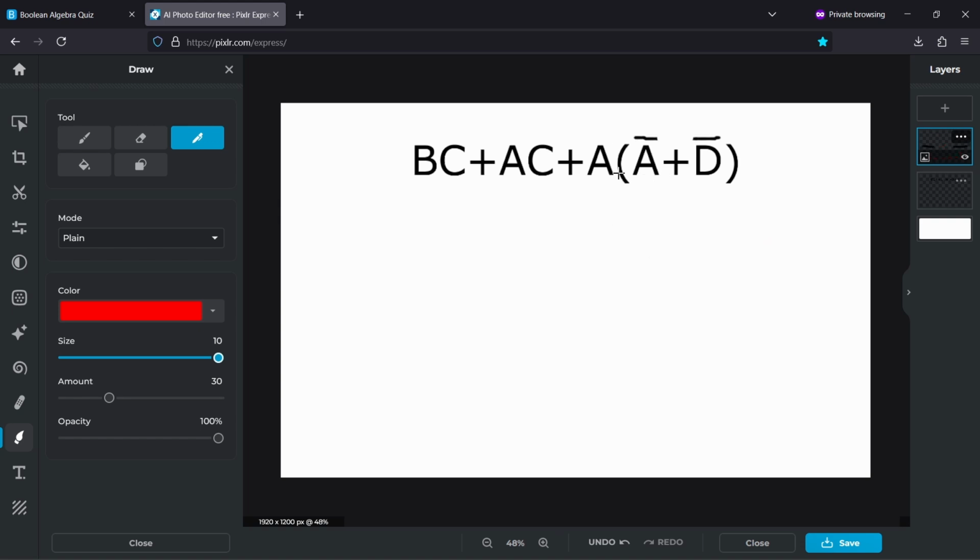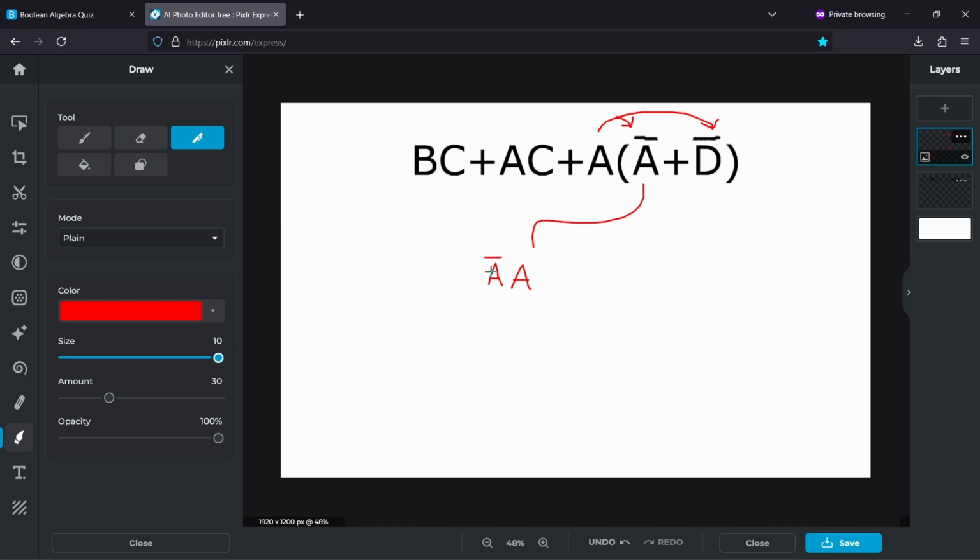So the next thing we're going to do, again, is to multiply this A into this parenthesis. So our first term will be equal to A bar A. And think about this. What is A bar A? There's a whole law about this in Boolean algebra.